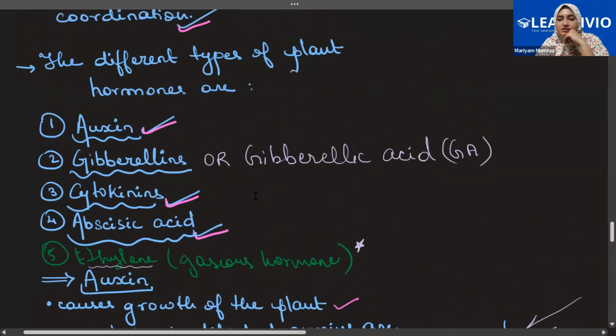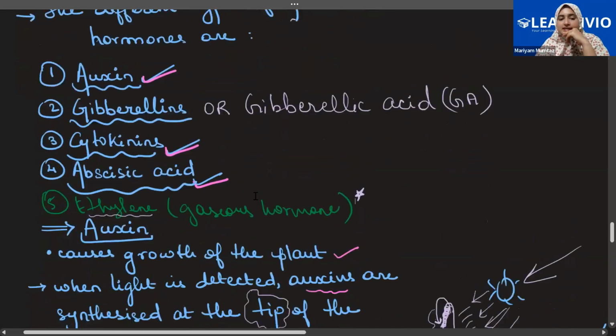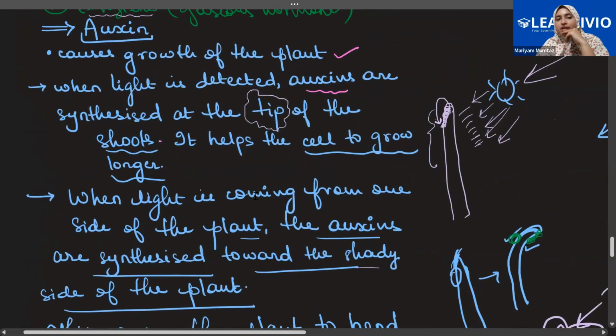So these are the lists of phytohormones that are present in the plants. Now we're going to discuss each one of them one by one.